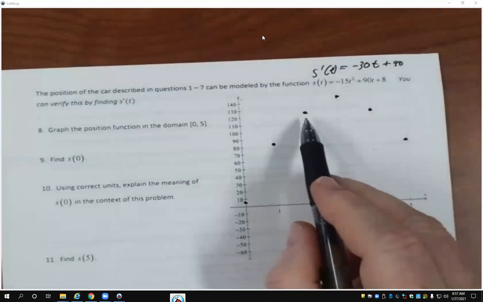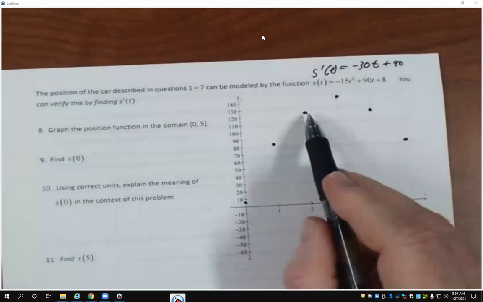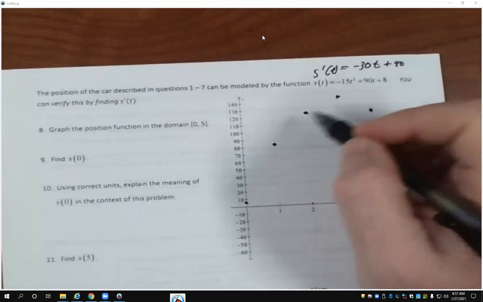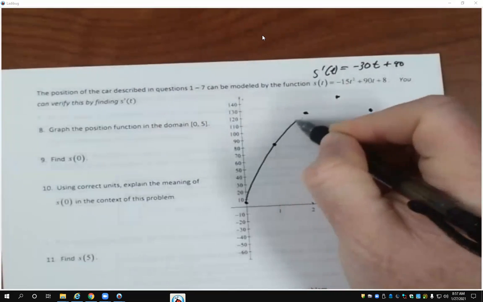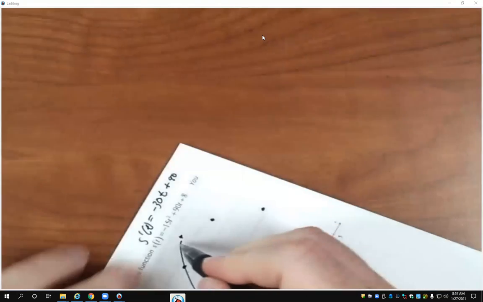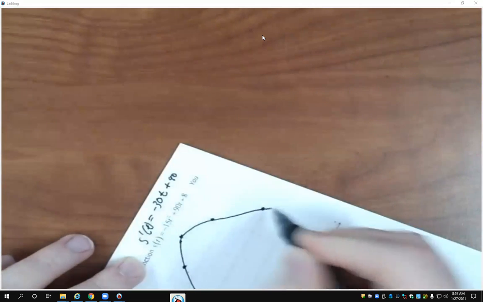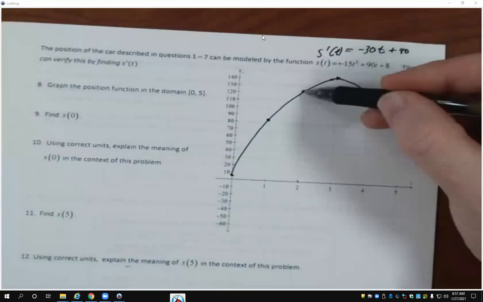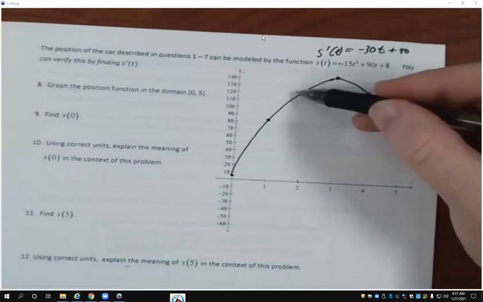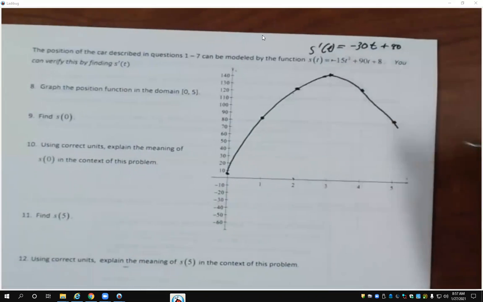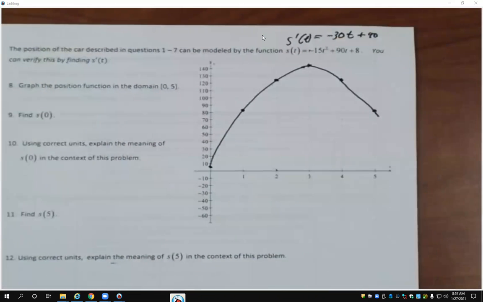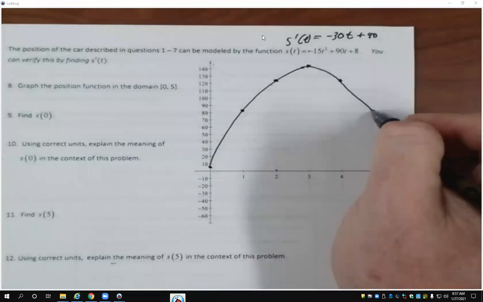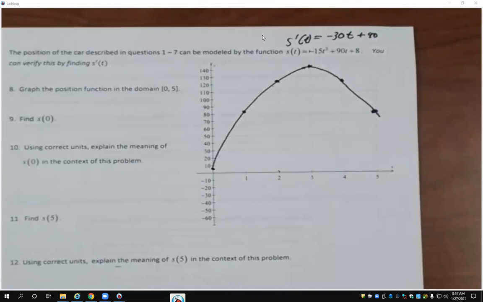Since these points are the same distance apart and at the same y value, that tells us that's our vertex. We're not 100% sure, but remember the axis of symmetry goes through your vertex, and these points are equidistant and at the same y value, so that is our vertex.